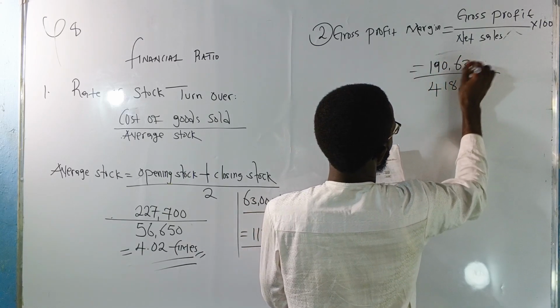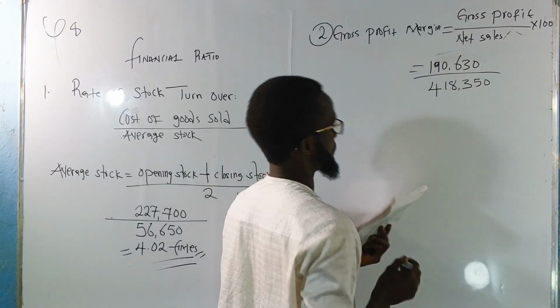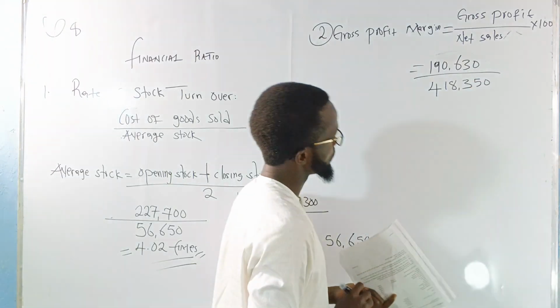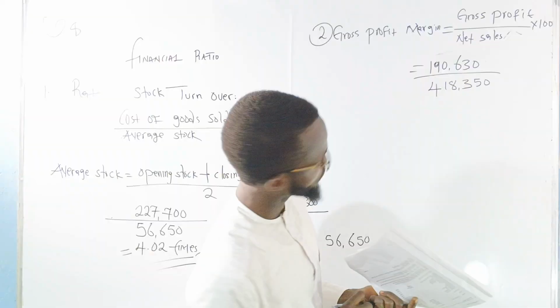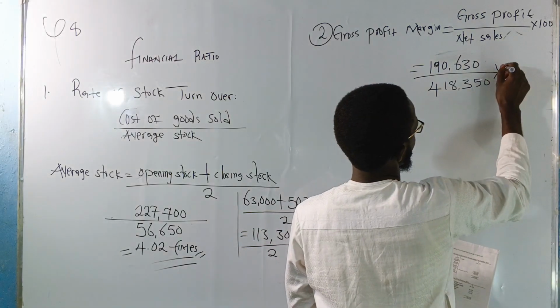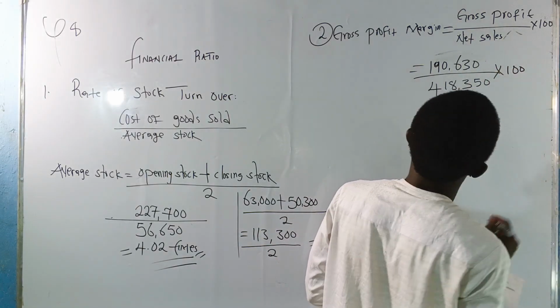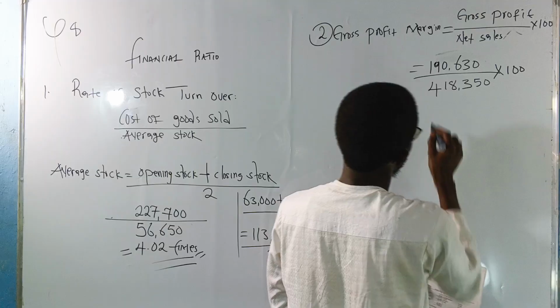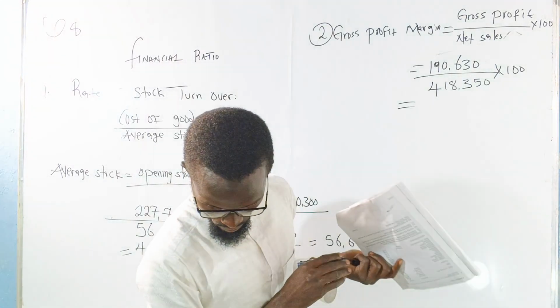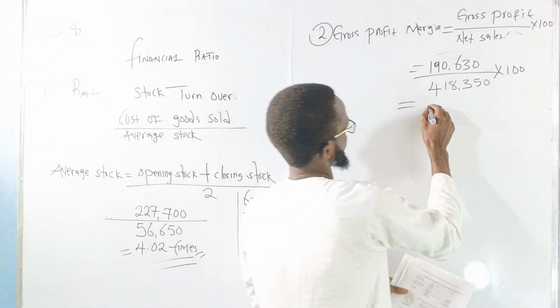190,650 divided by 418,350 times 100. Your answer will be 45.6%.